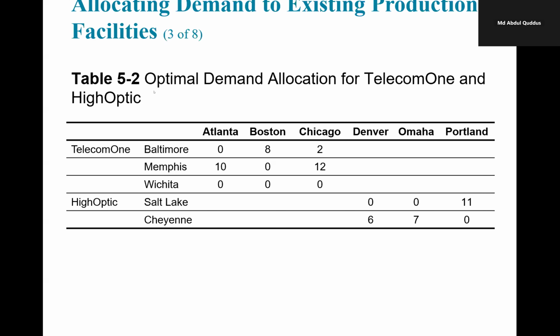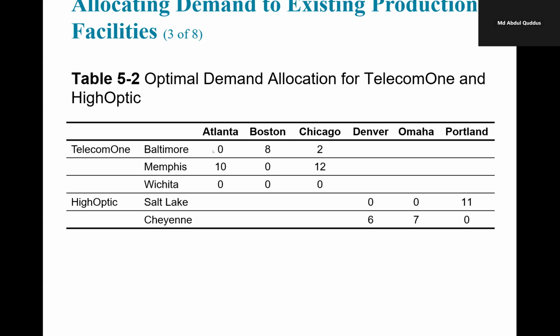All right, in this PowerPoint you can see the optimal demand allocation for telecom one and high optic. When you solve it independently, only allocating the demand, you get the solution of how much is shipped from each location. In this case, for instance, even though you located a facility in Wichita, nothing is shipped from there, which is basically an unnecessary opening cost.